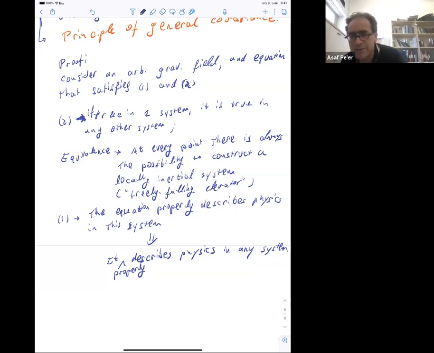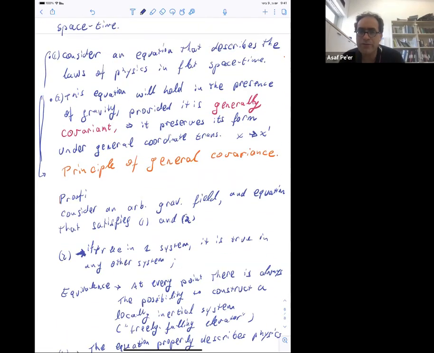Equations that are made out of vectors and tensors are ones for which I can find relatively simple ways of making them generally covariant, independent of the coordinate system. All right, that's what we have here. It's somewhat on the philosophical side, but it's actually quite a strong philosophical side.